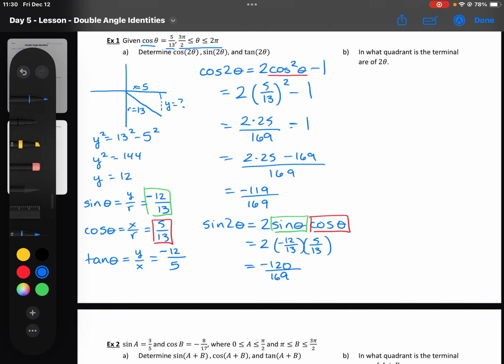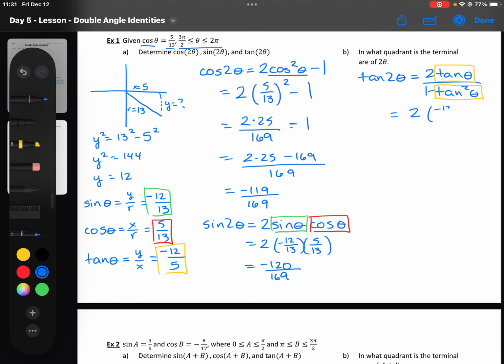And then finally, I'm going to find tan 2 theta using my last identity of 2 tan theta over 1 minus tan squared theta. I'm going to replace tan theta here and here with the value of the ratio I found for the principal angle initially.